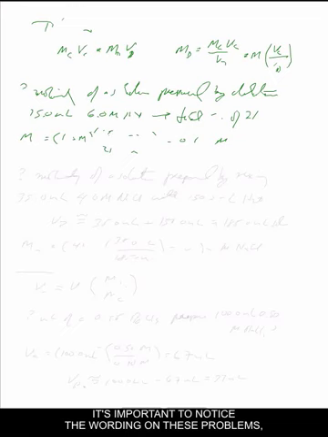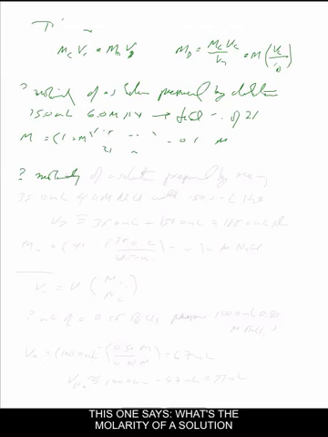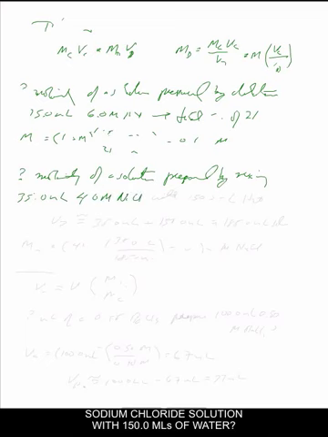It's important to notice the wording on these problems, because here's a problem that's worded slightly differently. It's asking the same kind of question, but because it's worded differently, you have to notice that. This one says, what's the molarity of a solution prepared by mixing 35.0 mL of a 4.0 molar sodium chloride solution with 150.0 mL of water.